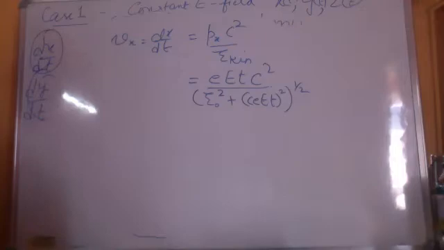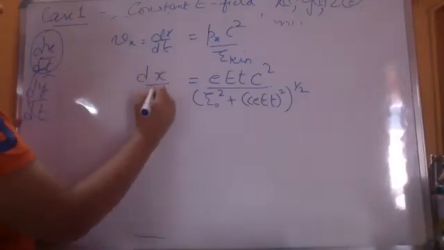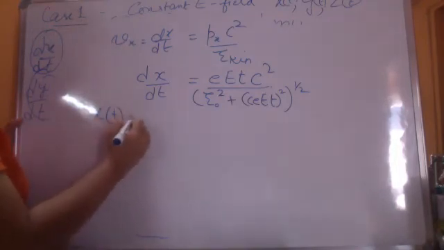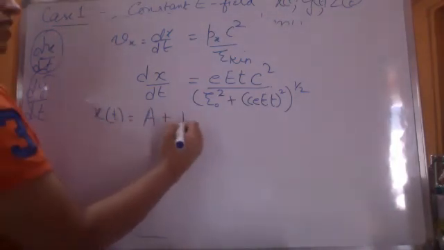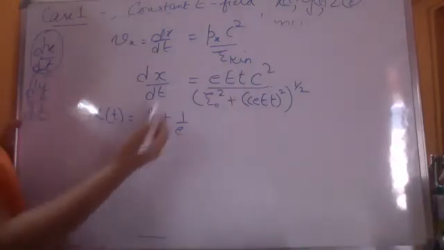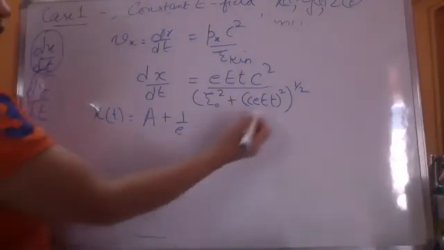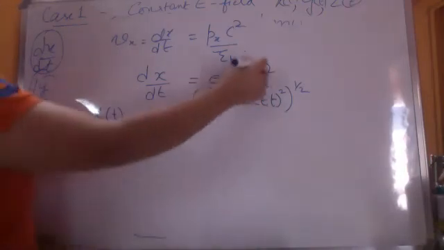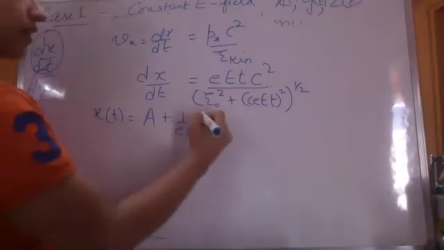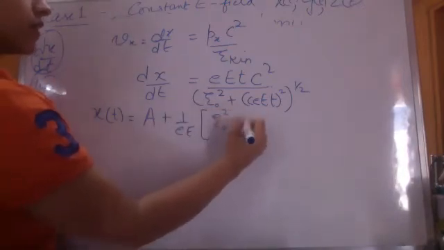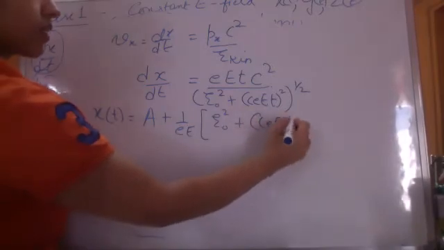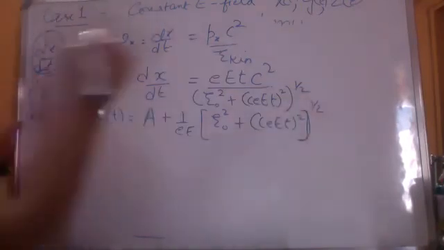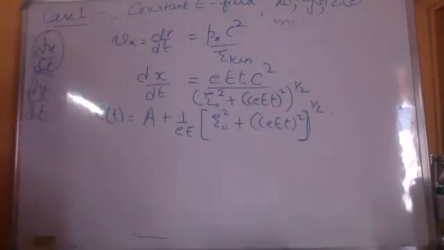Right? Now it is not difficult. I have dx by dt. I can integrate. When I integrate, you can see that you just need to square this because you have something similar. So I divide and multiply by eE. c is already squared. And if I do that, I'm going to get this, right?